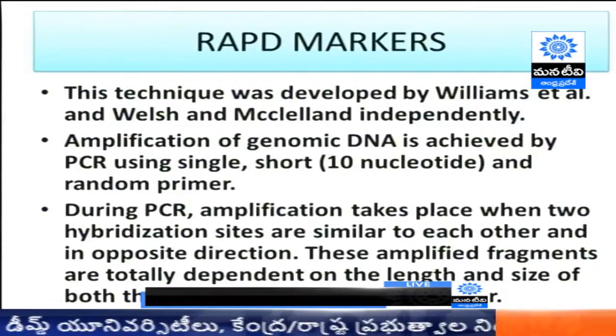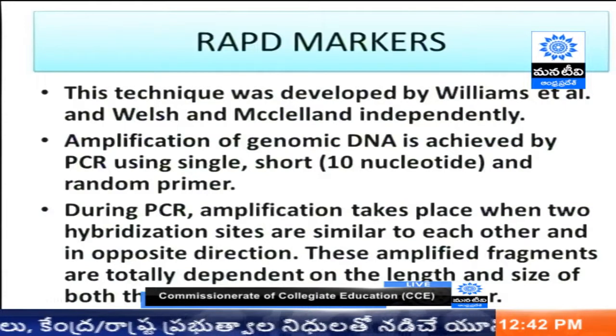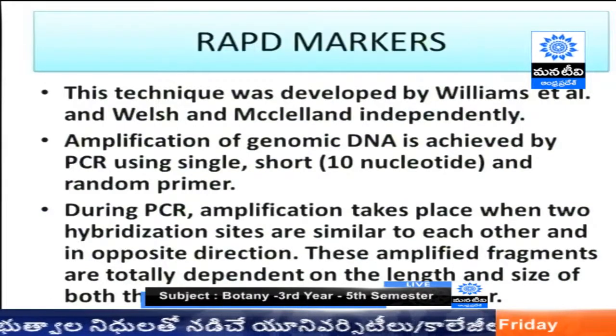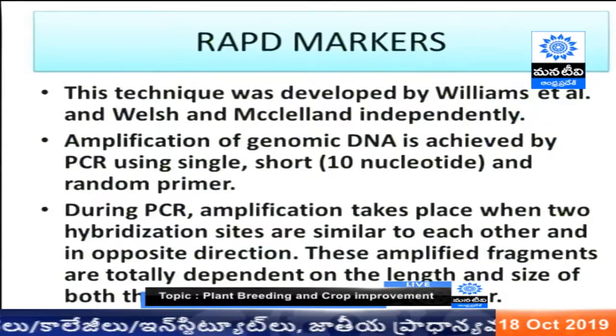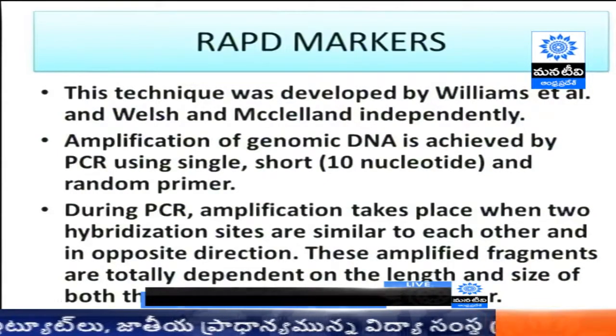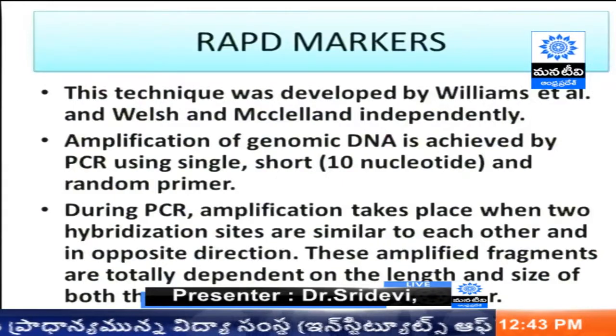That is why the name itself, RAPD, means randomly amplified polymorphic DNA. So, these primers are used to amplify the DNA which is present randomly throughout the genome.